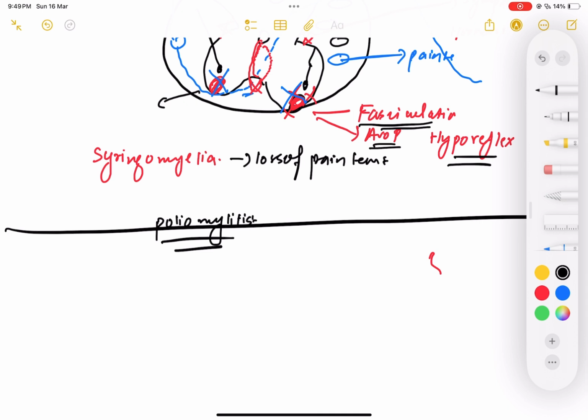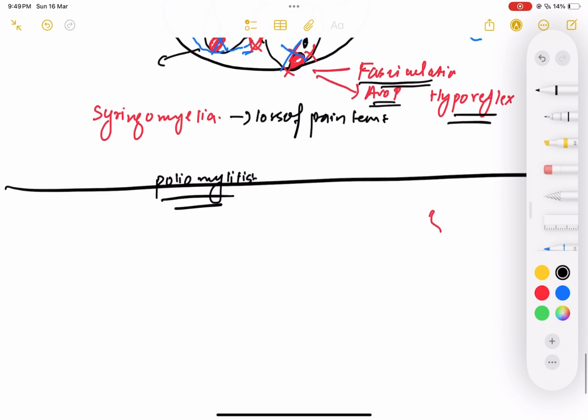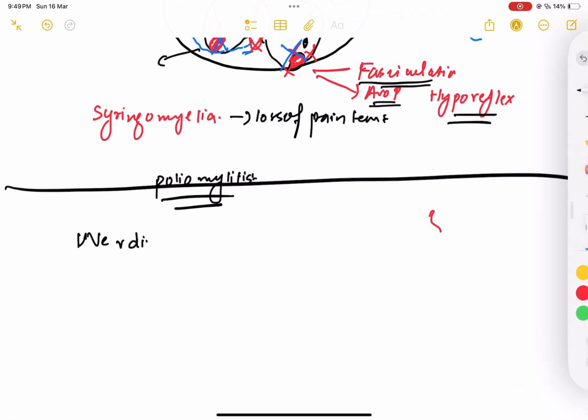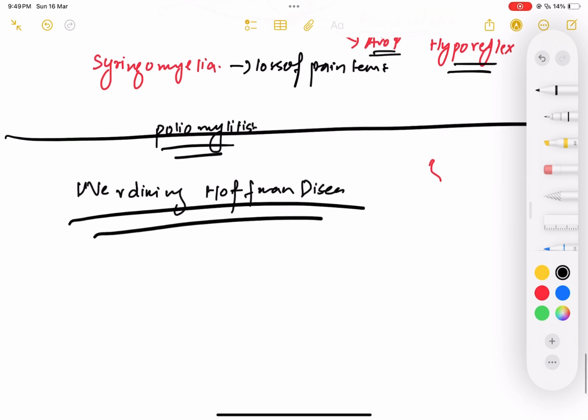You also have a variant, same as that of poliomyelitis, which is known as Werdnig-Hoffmann disease. But the only difference is that poliomyelitis is due to a virus, while Werdnig-Hoffmann is an inherited disease, okay, let me just write down the name. Werdnig-Hoffmann disease. Similarly, each and every sign and symptom and the location of the lesion is the same as that of polio, but the only difference lies in the cause.